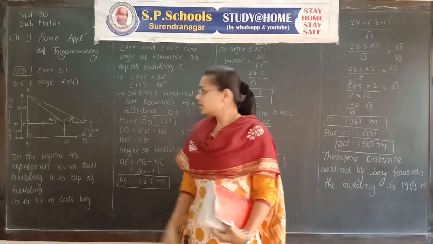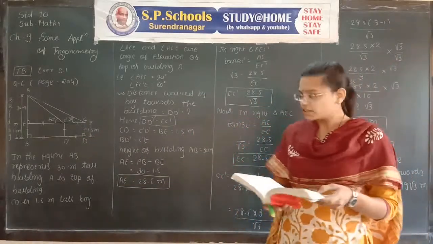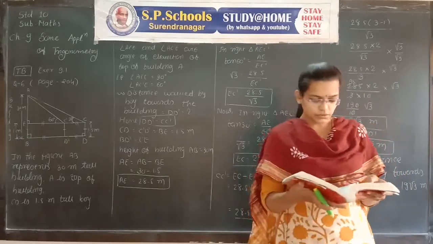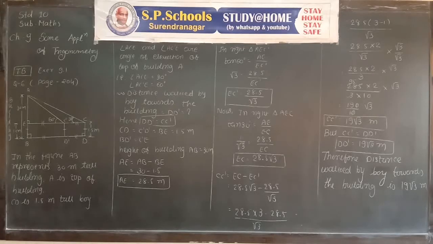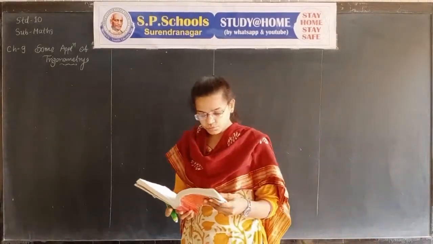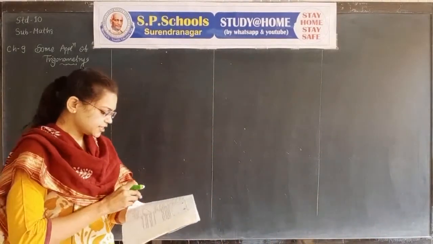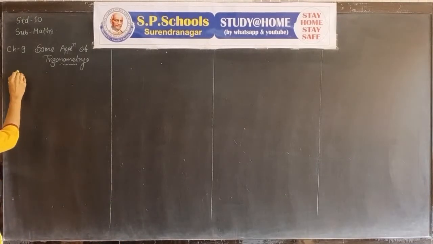Hence the question number 6 from exercise 9.1 is completed. Now we discuss the next question, number 7. Let's see the next number from exercise 9.1. Sixth number is completed.